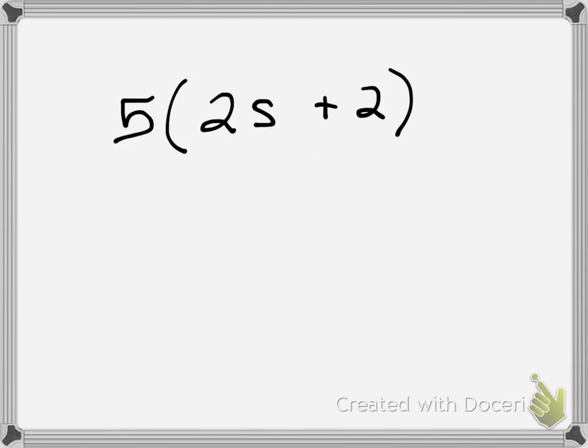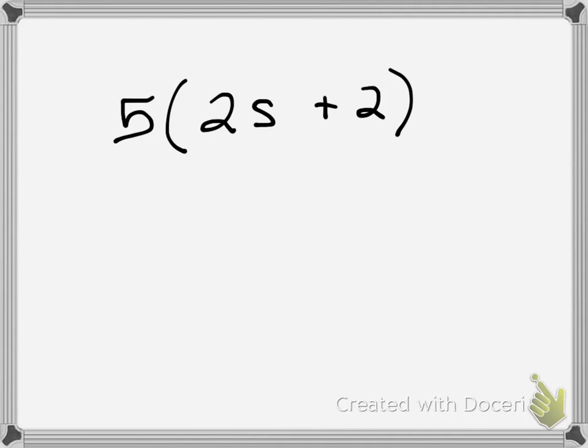Let's get started. So here's an algebraic expression, 5 parentheses 2s plus 2, and we are going to use the distributive property here, and we are going to distribute the 5. When the 5, which is right here, is against the parentheses, that means that it is multiplying, and the 5 is multiplying against everything on the inside.